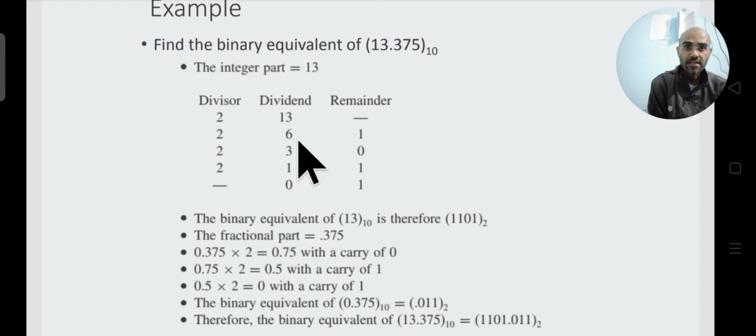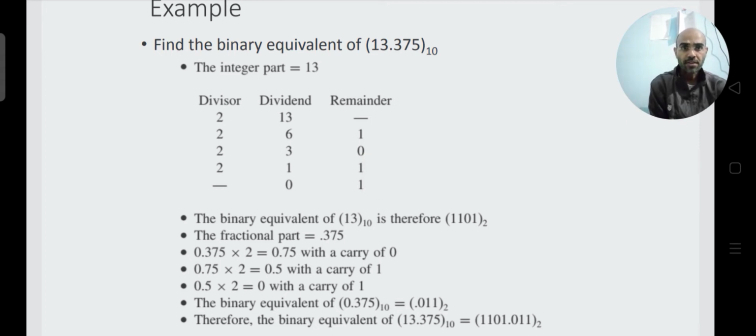Now, as the quotient is greater than the divisor, we have to again divide the quotient by the divisor. If we divide the quotient 6 by the divisor 2, we get the new quotient 3, whereas the remainder is 0, because 6 is an even number and it is completely divisible by 2.